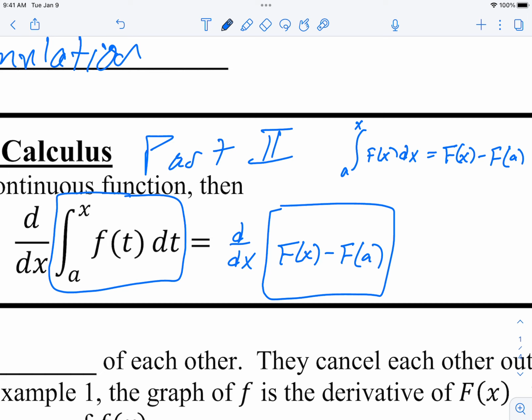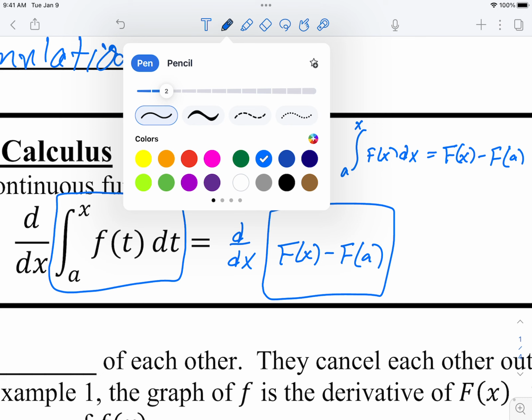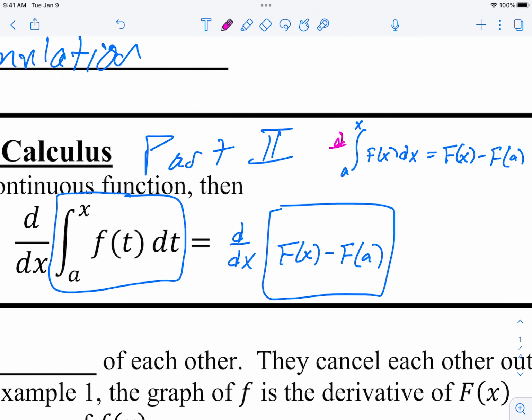So that's the idea. Well, now if I derive both of those, so I come in with a derivative, I always do the same to both sides. d dx. What happens is the derivative of big ol' F of x is actually just f of x. They cancel each other. That's actually one of the definitions.